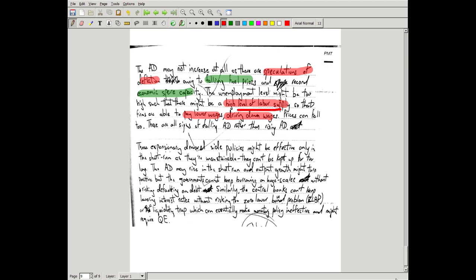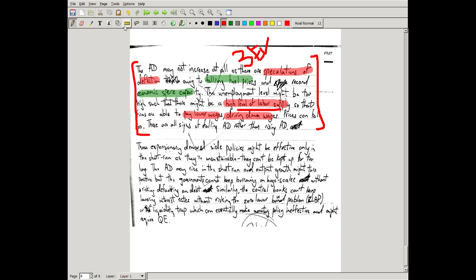Lower wages, driving down wages, could also be an analysis point, but let's consider it as 3 total marks. So that is 3 evaluation marks: 2 analysis that count towards evaluation, and 1 application which also counts towards your evaluation.